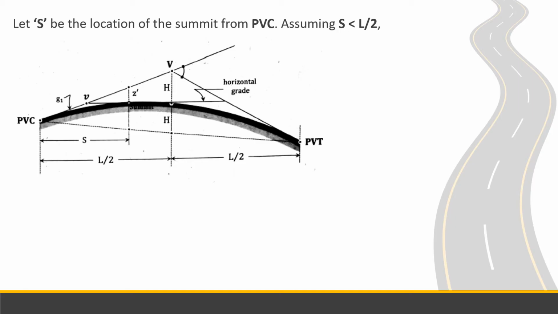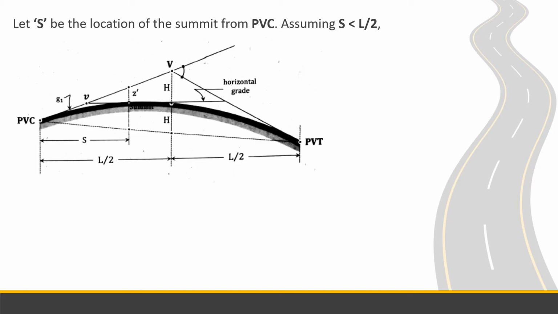Okay, since this is a summit curve, a point with the highest elevation, or the summit, should exist. There is a point where it is the highest point on the curve. To locate this point, we will simply set the grade at the highest point equal to 0.